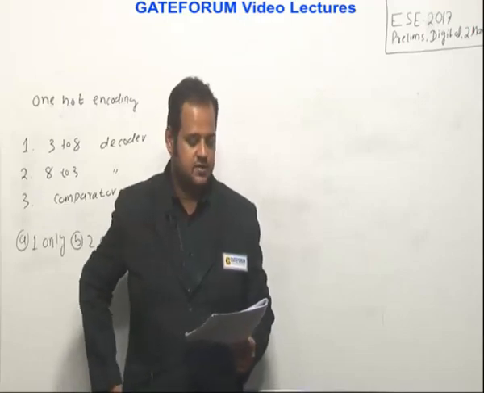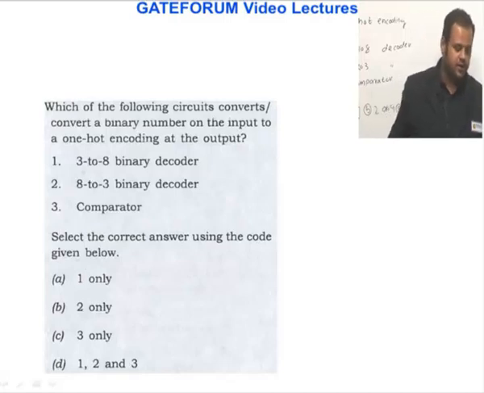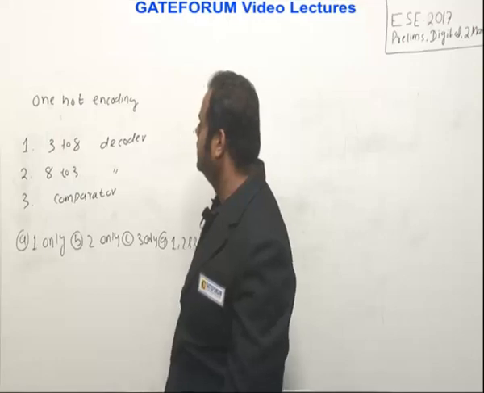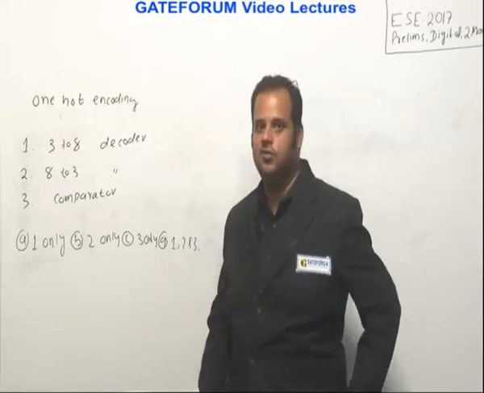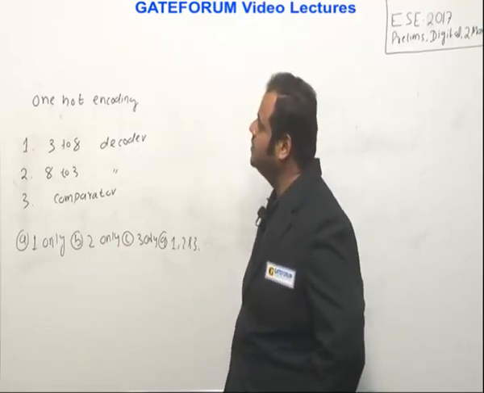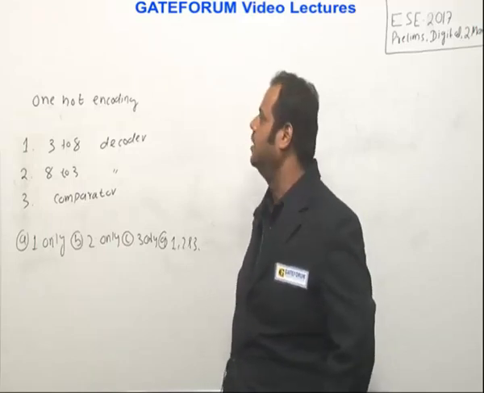Which of the following circuits converts a binary number at the input to a 1 hot encoding at the outputs? The options are 3 to 8 binary decoder, 8 to 3 binary decoder, comparators, and select the correct answer using the code given below. The term 1 hot encoding might be new to some of you. It is quite frequently used in finite state machine concepts.